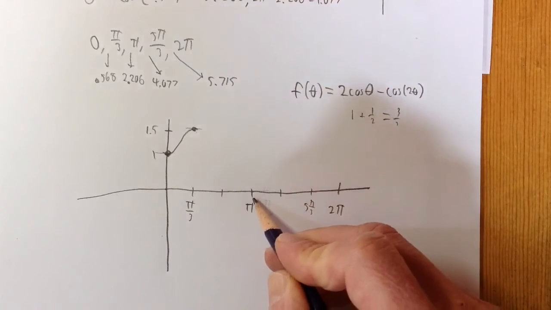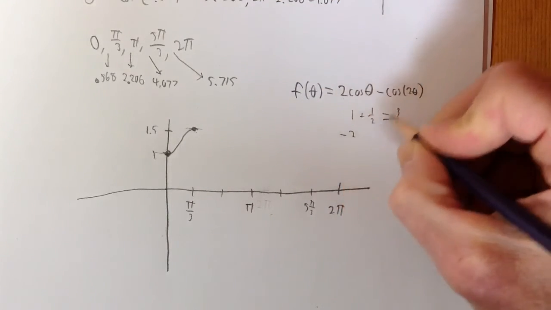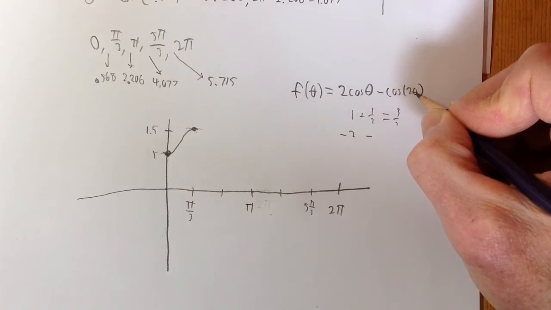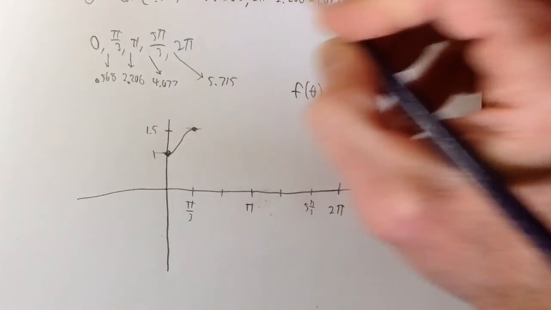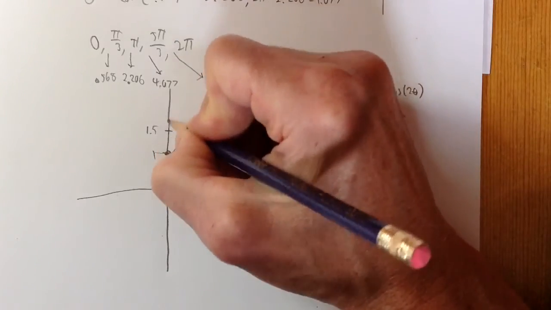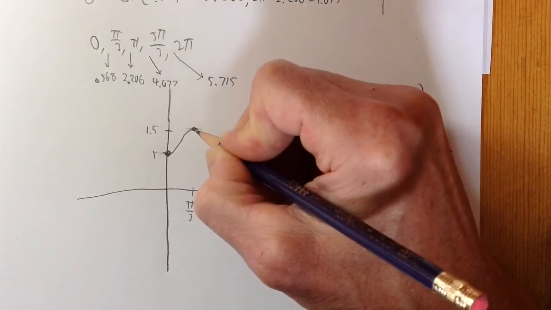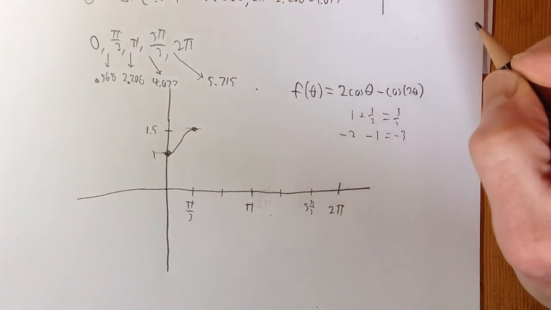Let's do what pi is, because that's pretty easy. Cosine of pi is negative 1, so that's negative 2, minus cosine of 2 pi, which is 1, so minus 1, so that's negative 3. Ooh, goes up even higher. So it goes up to negative 3 way up here. So that is a maximum there.